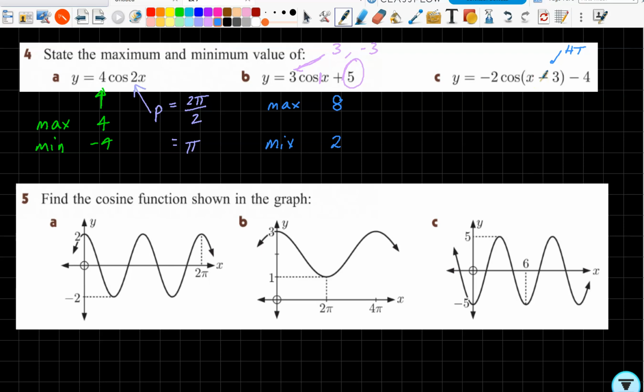That's right. When it's -3, it shifts the graph to the right. Again, it works the same way for sine. So we did that last time. All we're having to look at now is our -2 and the -4. The -2, again, stretches the graph. Yeah? Stretches to between 2 and -2 still. What does the minus do?